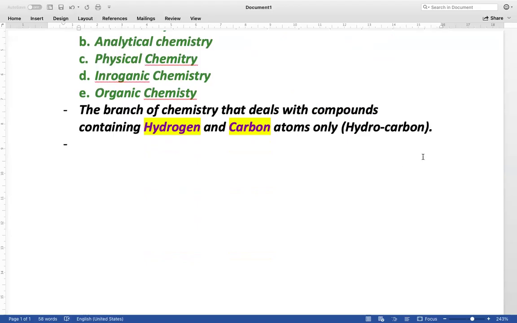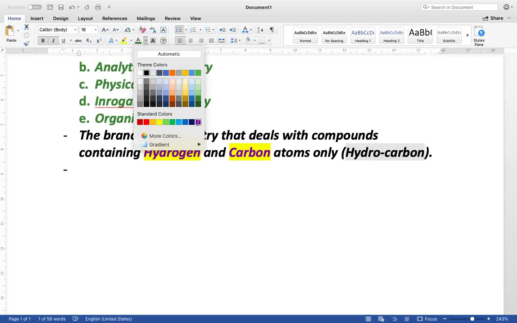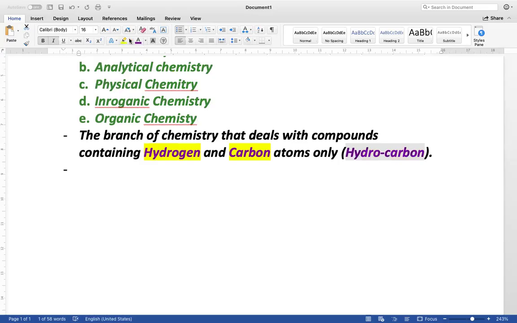And from the look of things, hydrocarbon is something that we can learn from, because hydro is coming from hydrogen, carbon is also coming from carbon. So these compounds that contain hydrogen and carbon atoms are called hydrocarbon compounds.